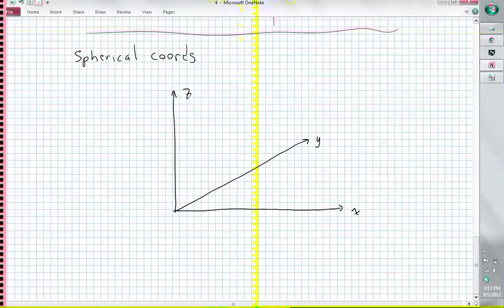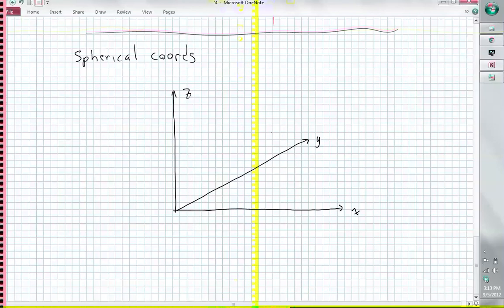The reason for that is I'm trying to be consistent with a right-hand coordinate system where x cross y gives me z. So if I point my fingers in the x direction and my palm towards the y direction, I get the positive z direction. So that's a right-handed coordinate system. So the positive y direction is into the board here.